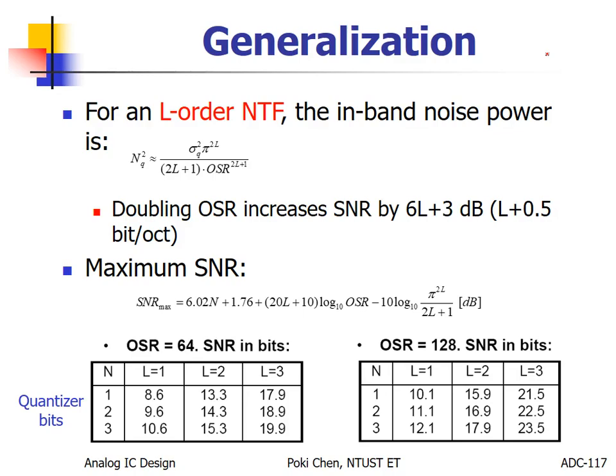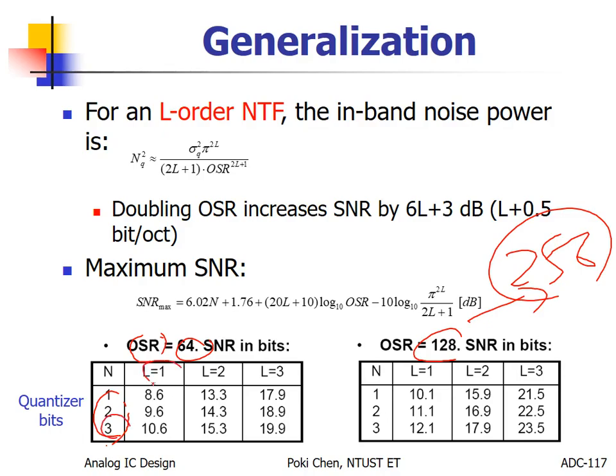Okay, you can see, this is OSR, oversampling ratio, as I told you. For real design, at least 64, all the way to 128, 256, and so on. And this is the number of bits for your quantizer. 1 bit, 2 bits, 3 bits.